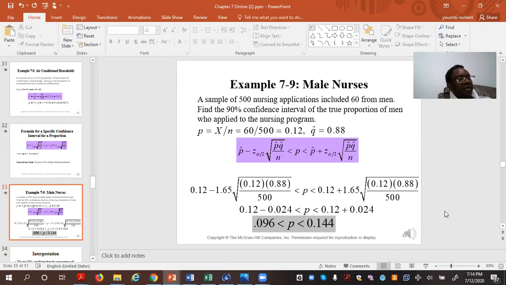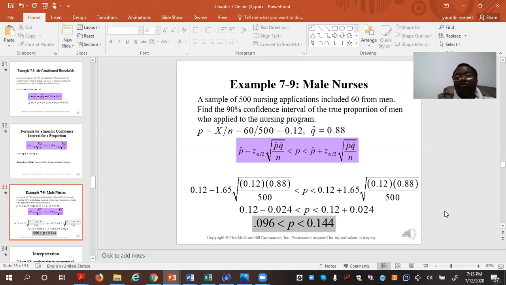You press enter, and then you enter X here is 60, N here is 500. The confidence level here is 0.9. Then you calculate, and you will have 0.096 to 0.144.